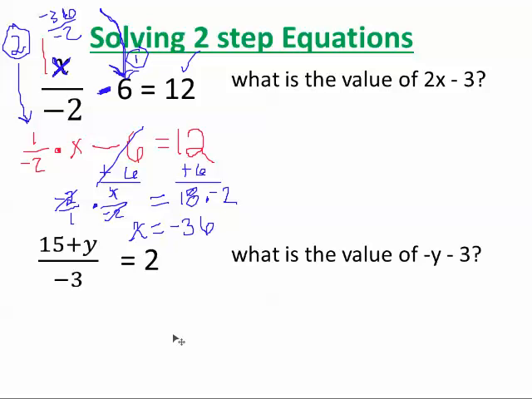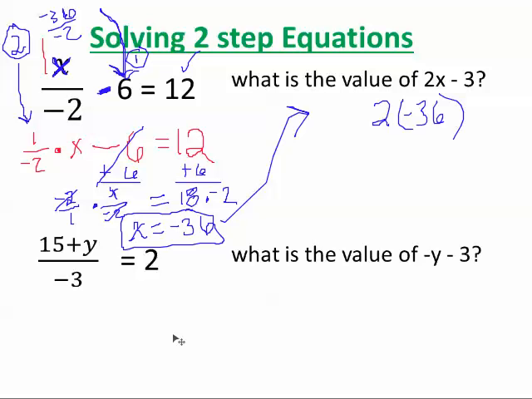So in my head, I just checked it. You might try to check that on paper. And we also need to make sure that we are plugging it in here. We think it's negative 36. Because now they're asking, if you know x, what's the value of 2x minus 3? So I'm just going to plug it in to find out. Double 36 is negative 72, I hope, minus 3, negative 75.